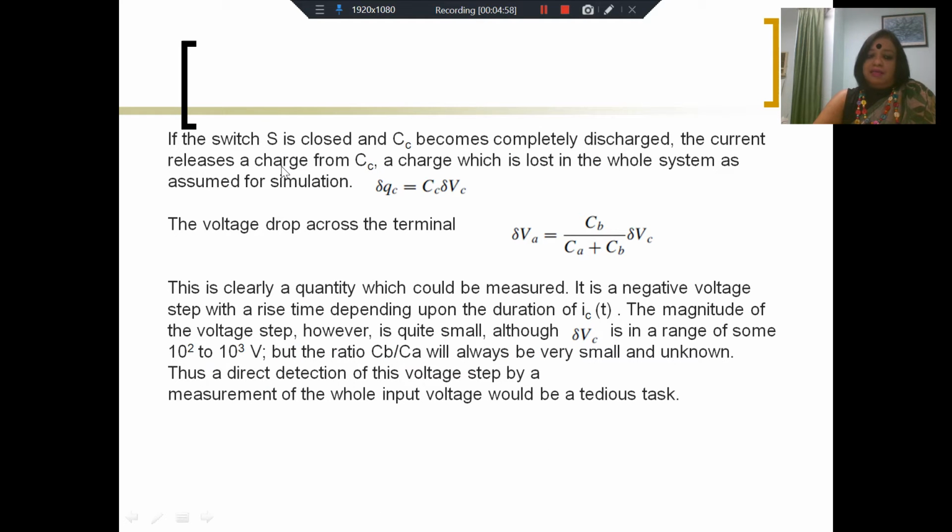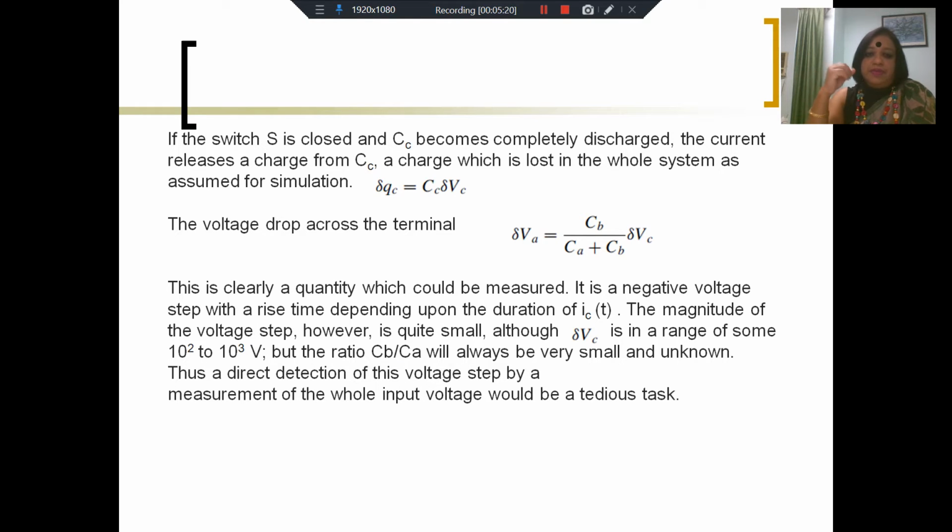Now, when the switch S is closed and Cc becomes completely charged, the current discharges a charge Qc. This charge was present across the walls of the void, and this quantity of charge is associated with the discharge and is neutralized.